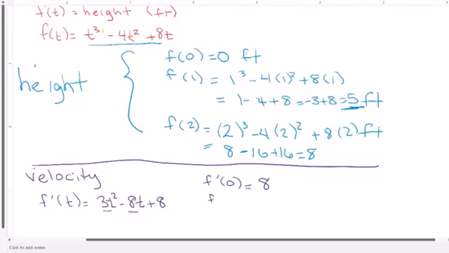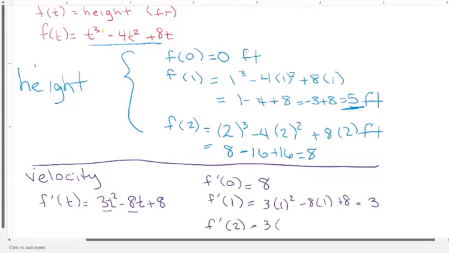I plug in f prime of 1, I get 3t squared, so it's 3 times 1 squared minus 8 times 1 plus 8. You don't have to do all these ones. I'm doing it just to make sure everybody understands where things are coming from. So this is 3 minus 8 plus 8, which will give me 3. And then I have f prime of 2.